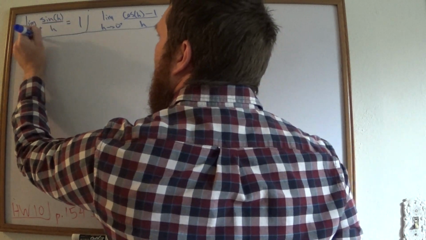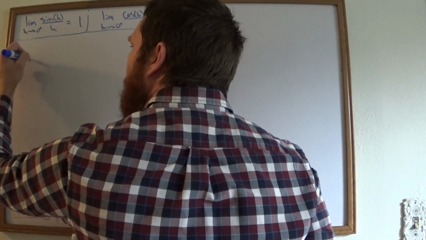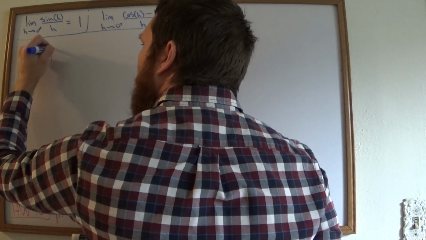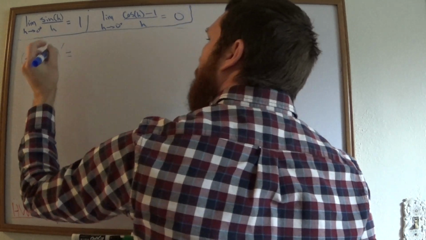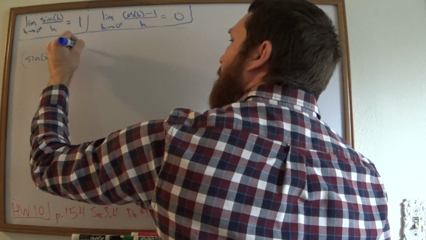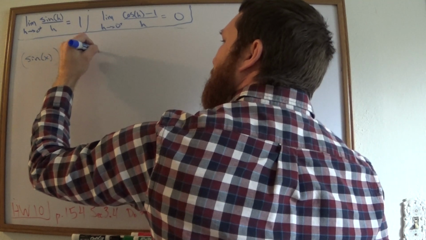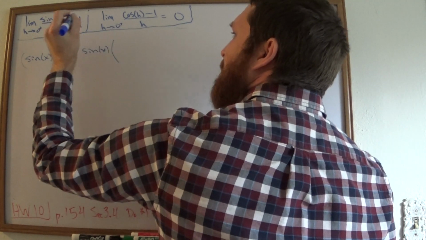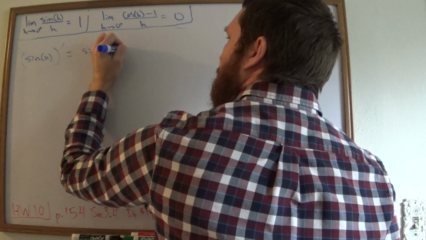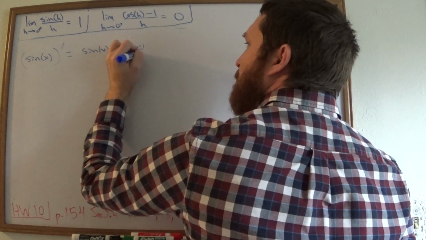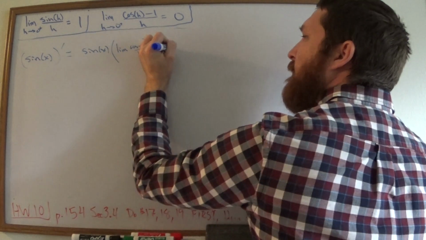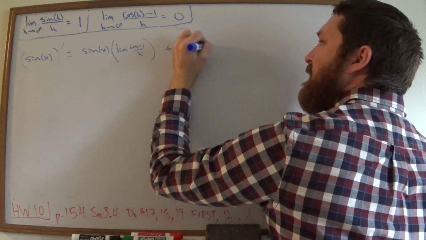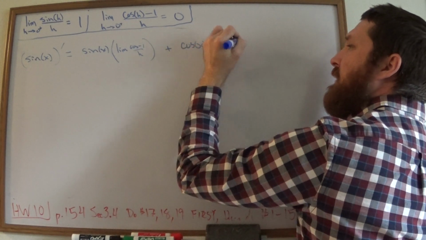Okay? And so now, just like we said before, the derivative of sine x ended up being sine x times this limit plus cosine x times this limit.